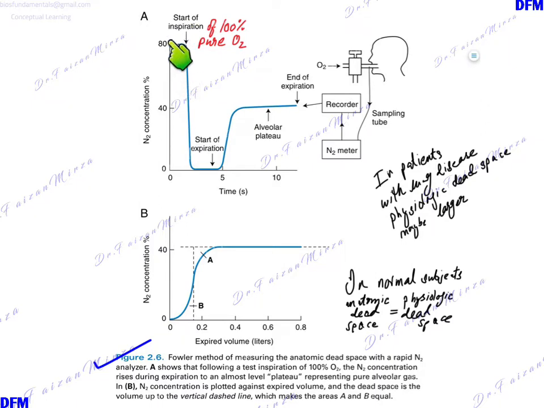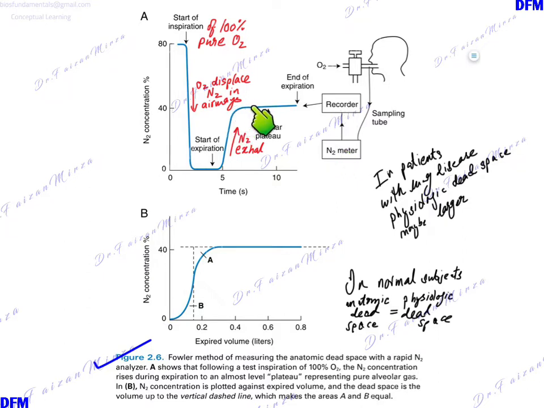So this graph shows you the nitrogen concentration. At the start of inspiration, this is the amount of nitrogen already there. The person inhales pure oxygen, so the concentration of nitrogen drops sharply, and it is displaced by the pure oxygen that the person inhaled. Then the person starts to exhale, and the exhaled nitrogen comes out, and at the lips of this subject, the recorder will record the nitrogen content in the nitrogen meter.